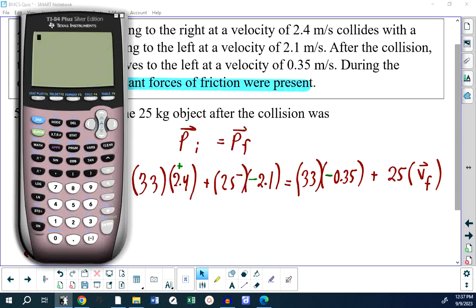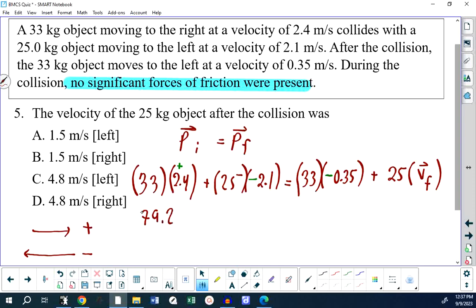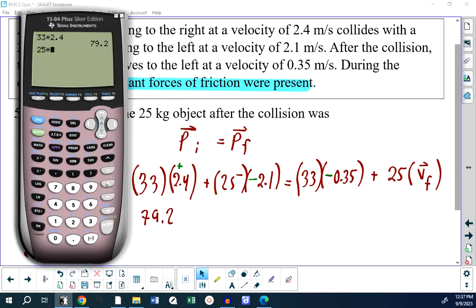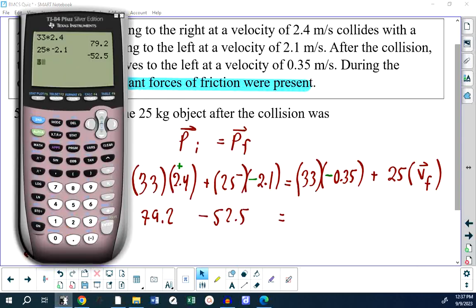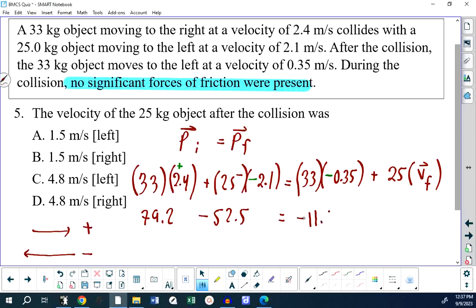If I take 33 times 2.4, I get 79.2. 25 times negative 2.1 gives me 52.5, so I have minus 52.5, equals, I need to take 33 times negative 0.35, negative 11.55, plus 25V.